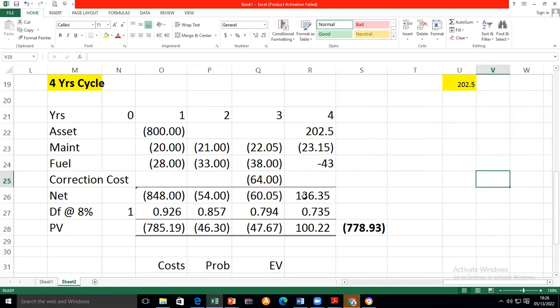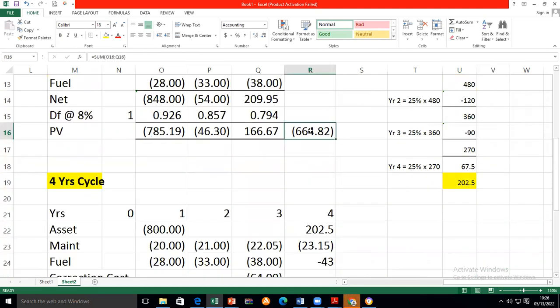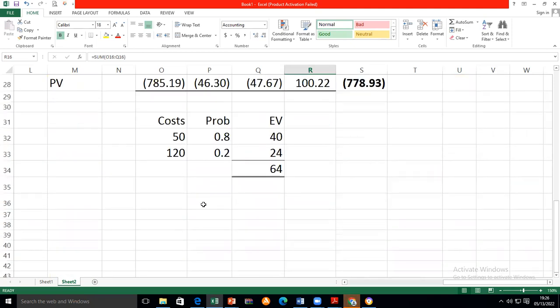Yes. Now, as we discussed, we can't make a decision by looking at these two figures, isn't it? We need to calculate the equivalent annual cost. So remember our formula, we say we've got a cycle. The cycle is what? The one for 3 years and 4 years.